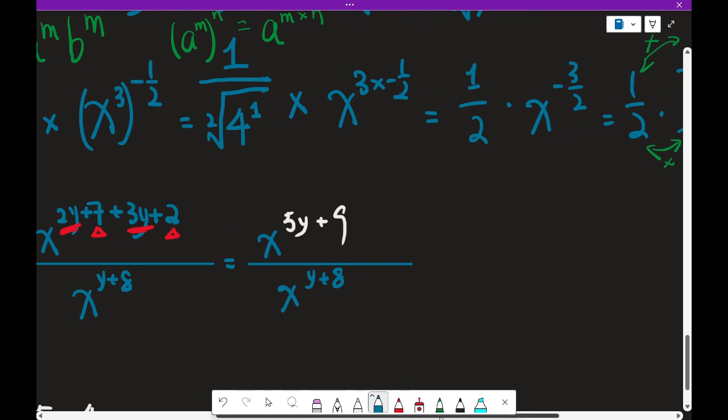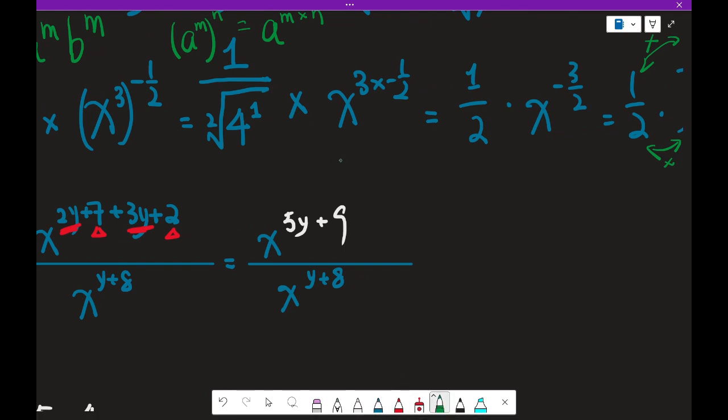Now, we can perform another identity right here. If we have the same base but with different exponents in the denominator and numerator, and the operation right here is a fraction, which is division, we can simply subtract the exponent of the denominator from the exponent of the numerator.